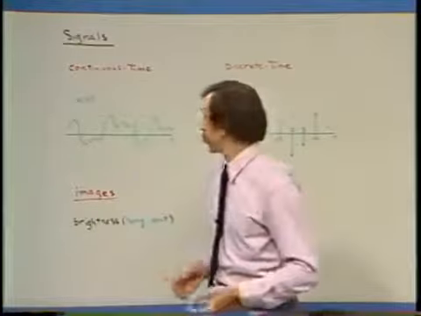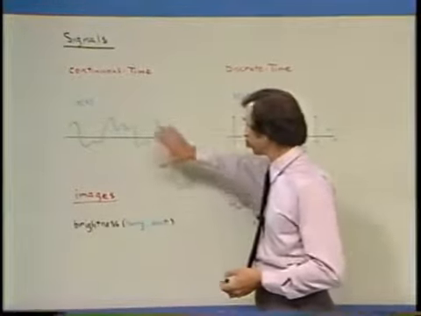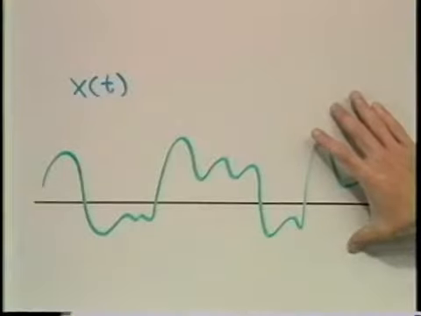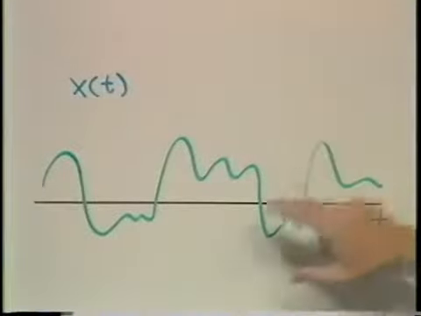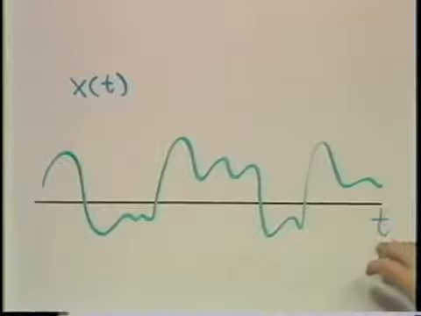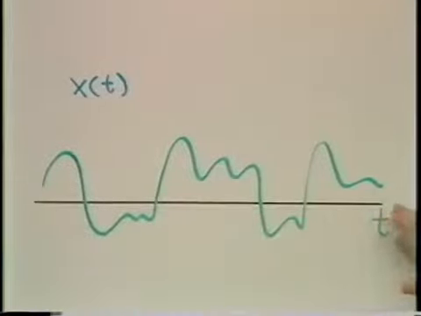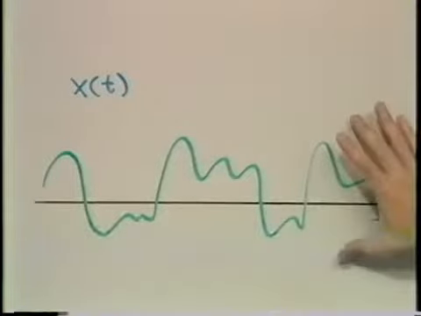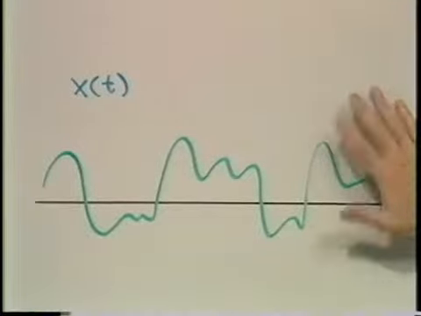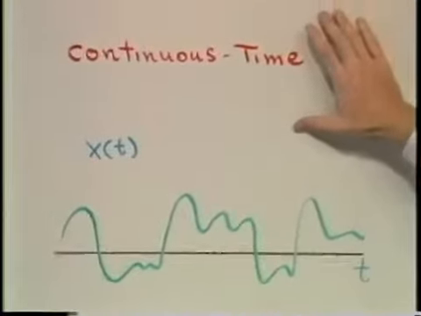And we might see a typical speech signal looking something like I've indicated here. It's a function of time in this particular case, and the independent variable, being time, is in fact continuous. And so a signal like this we will typically be referring to as a continuous time signal.